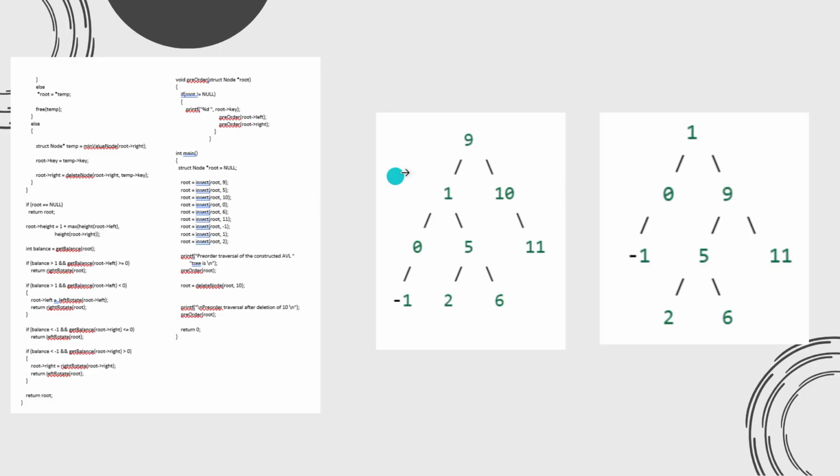So, diri makita nato kung giunsa sa AVL tree ang balance factor. Nag-perform siya og mga rotation diri, while kung makita ninyo diri, root nato nga 9 is delete node.